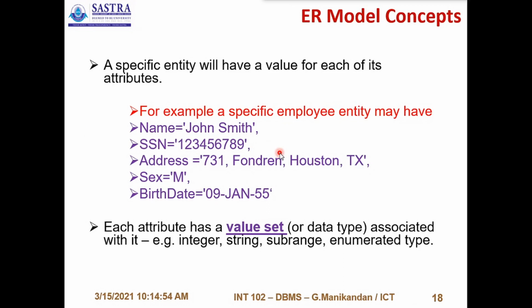We are not going to have a separate notation for representing this value set in an ER diagram. Instead, these value sets are modeled. At the time of implementation, we are going to use the various data types provided by the programming language to express this value set.